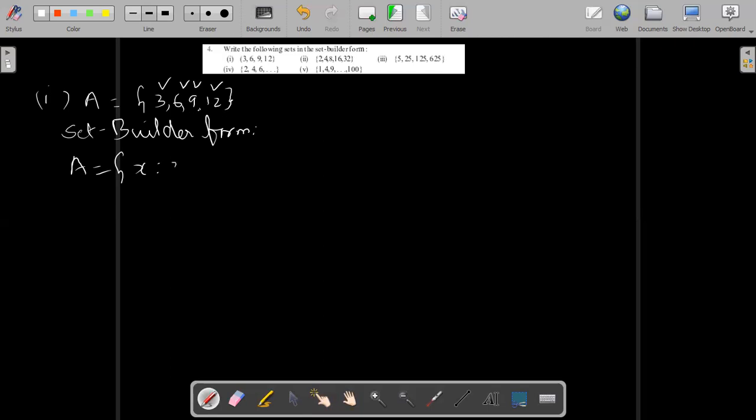So we can write x belongs to N, the first property, and x is a multiple of 3.